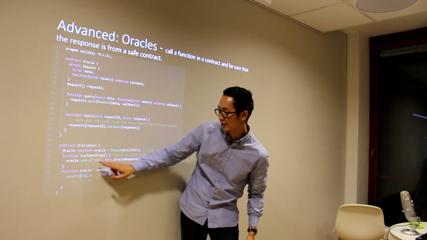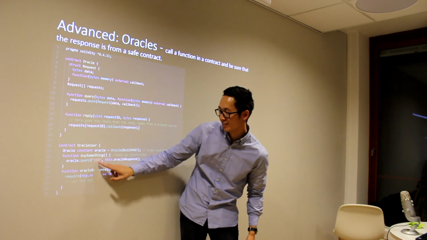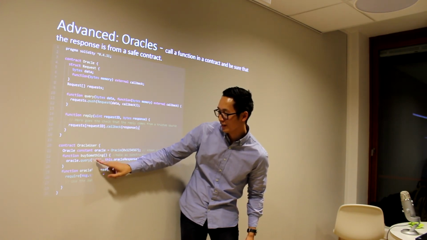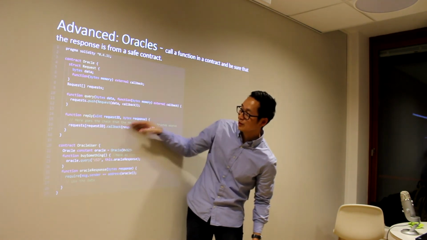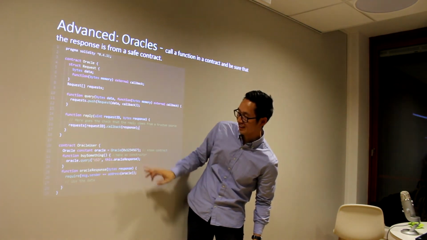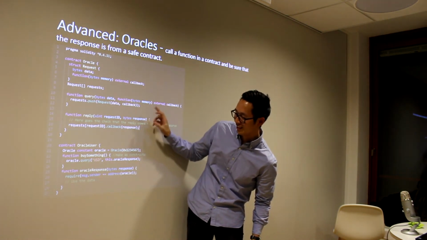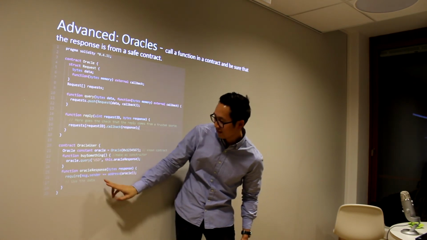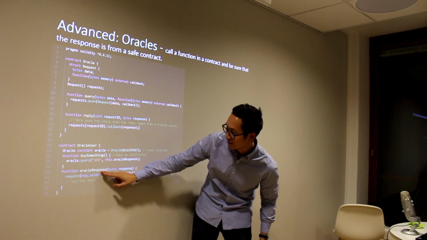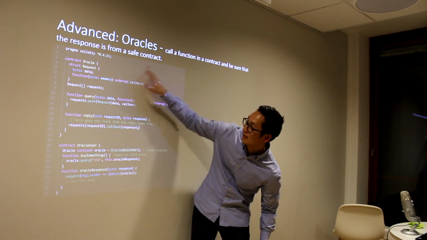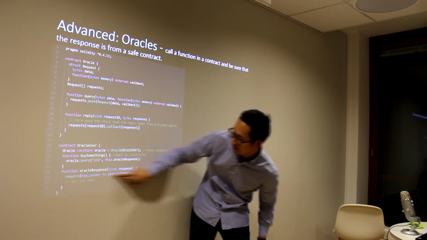Someone wants to check the USD rate, so he will make a query to ask for the USD rate. And then this oracle will respond with a ratio. The response from this contract will actually be here.